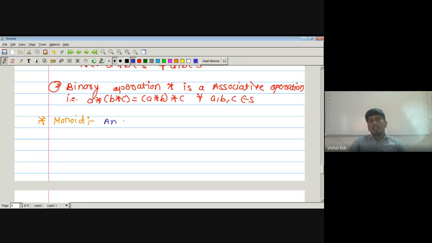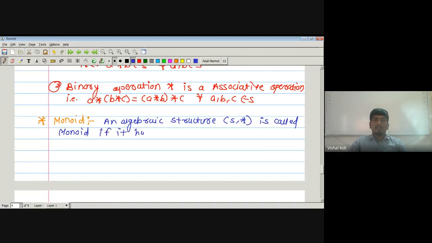An algebraic structure (S, *) with binary operation star is called a monoid if it holds the following properties.